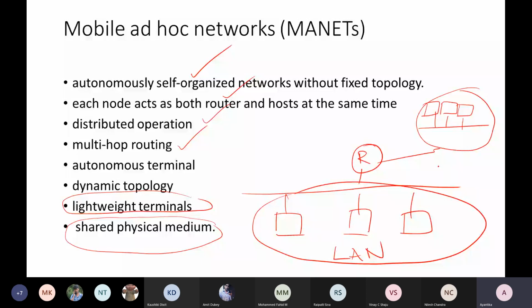But now think about the scenarios we are interested in, where embedded communication is mostly prominent, like V2V communication. In V2V communication, what happens? You have multiple cars on the road. They are moving. After a certain time, their location is changing.